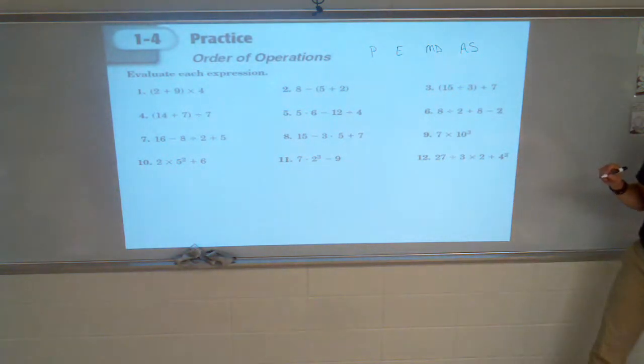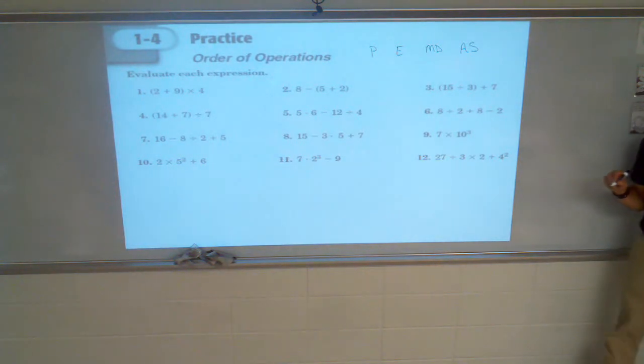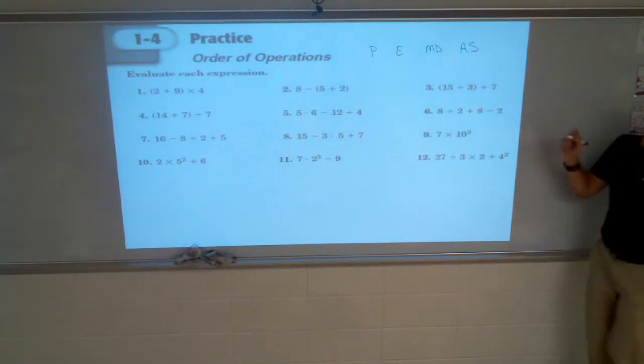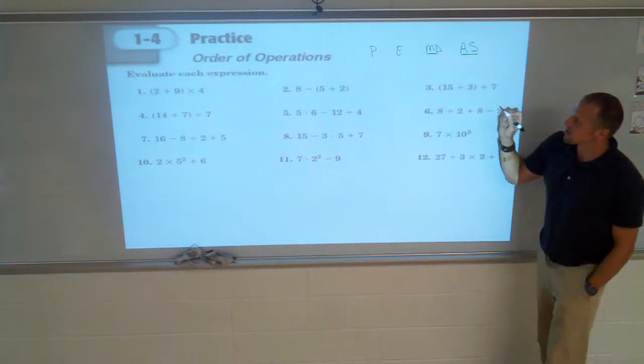Haley, how many steps are there in the order of operations? 6. Trick question. Why is it not 6? It's 4 because M and D are the same. Very good. The M and D are the same step, and the A and the S are the same step.